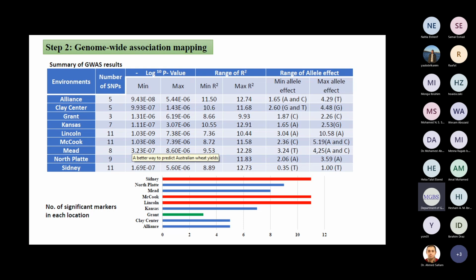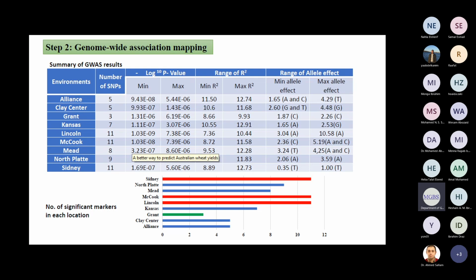And Grant has only 3 SNP markers, so it differs based on the location. The number of SNP markers associated with high yield, which show significant association, differs among environments. Of course, as we expected, we didn't find any common SNPs among the environments. So each environment had its own significant SNPs.